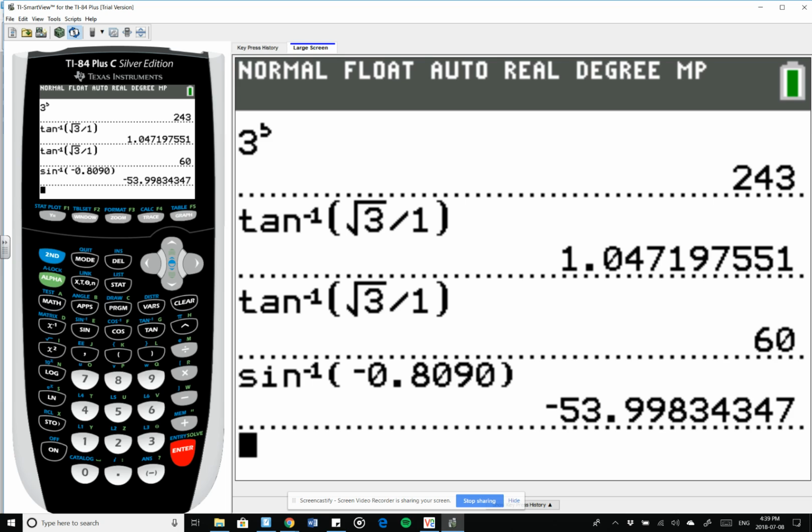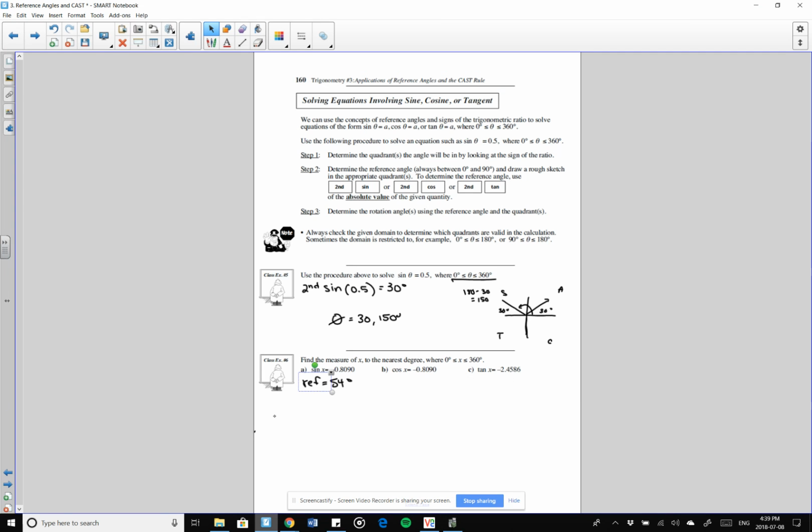So remember, a negative angle answer is just telling you that you are opening in a clockwise way as opposed to a counterclockwise way. So you have to just remember, if you do choose to do that, that tells you that that's negative 54 there, but we still want that answer there.